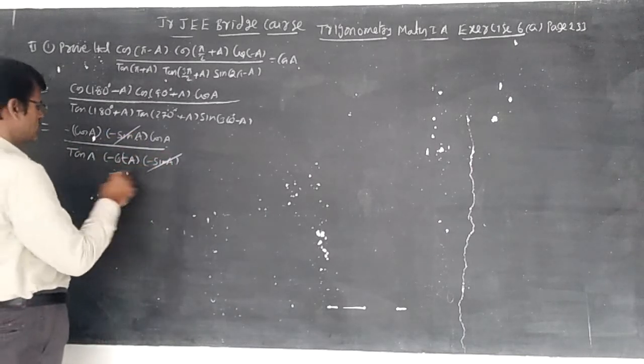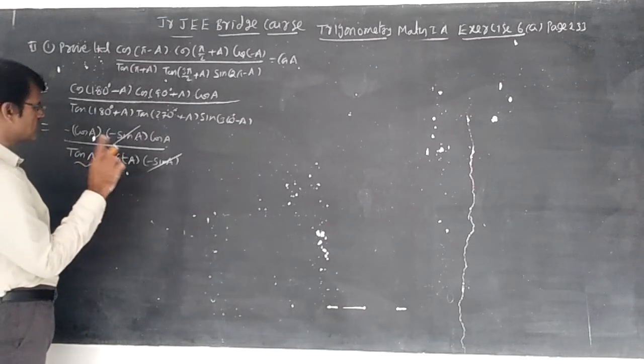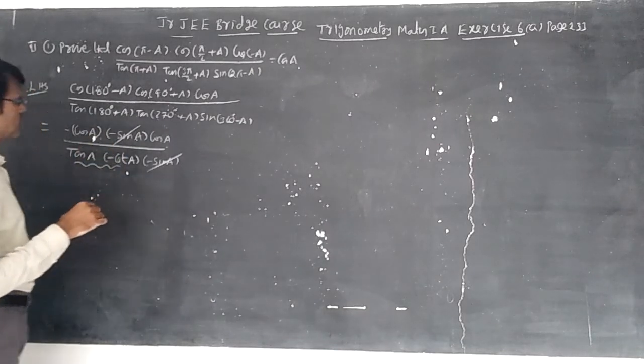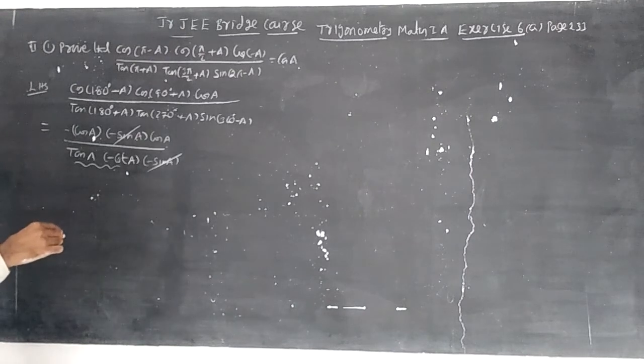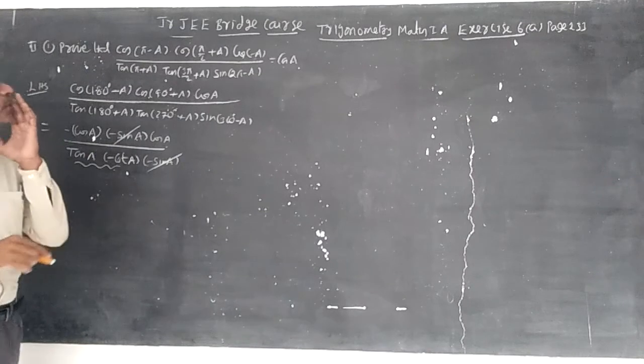Now tan A into cot A becomes 1. We got cos A into cos A, cos square.